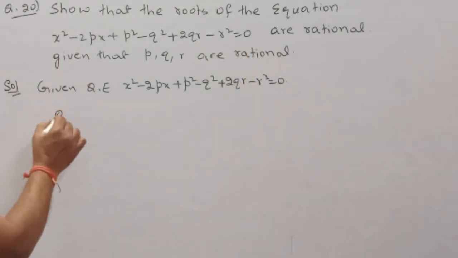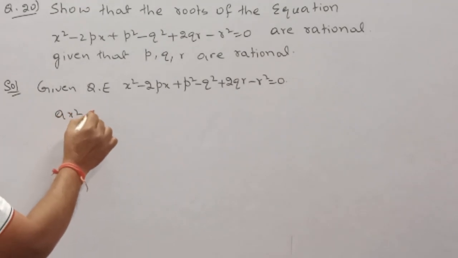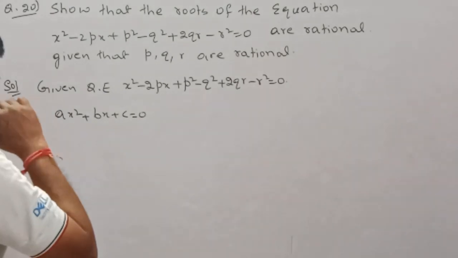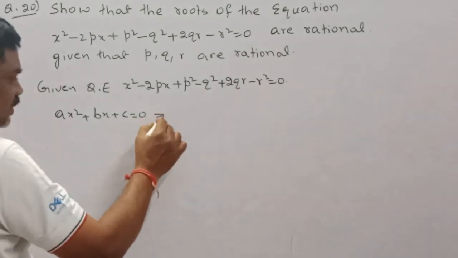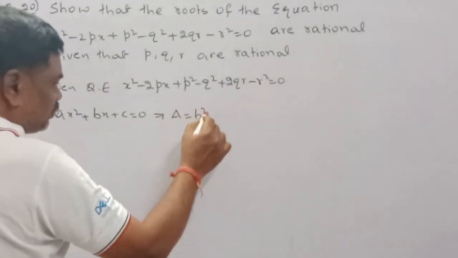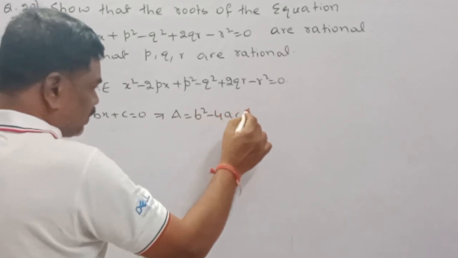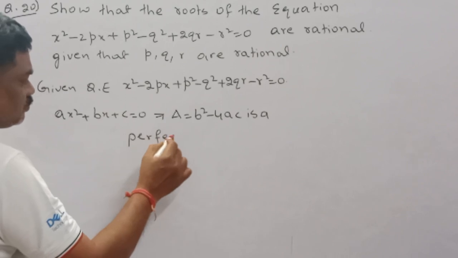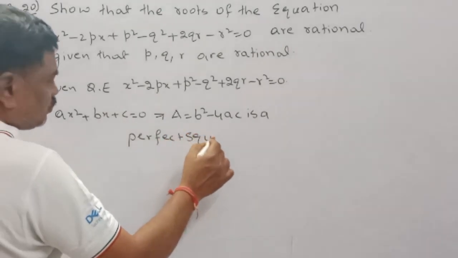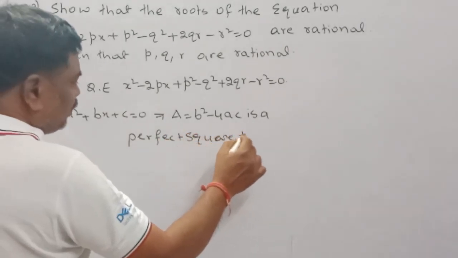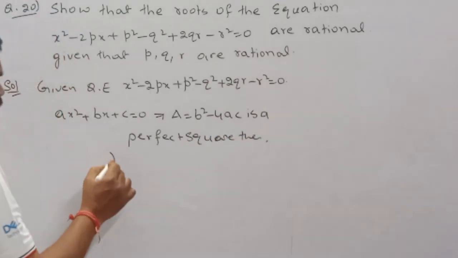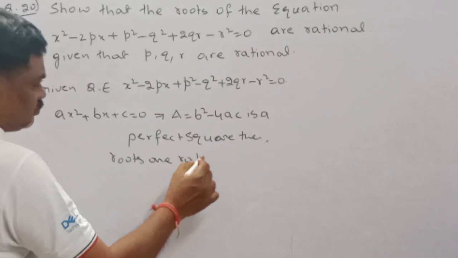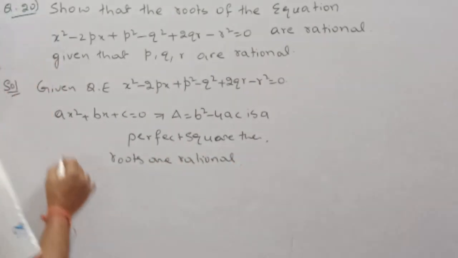So ax square plus bx plus c equal to 0. If the discriminant delta, b square minus 4ac, is a perfect square, then the roots are rational.